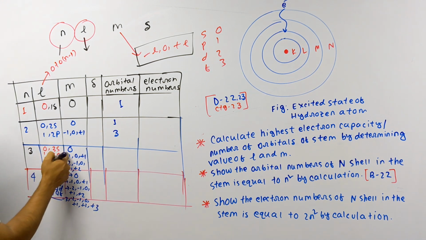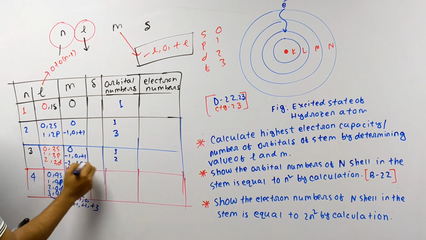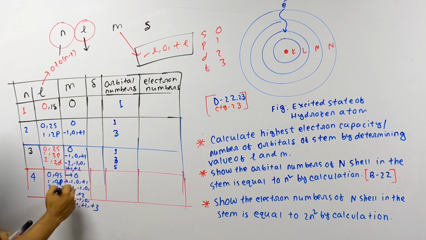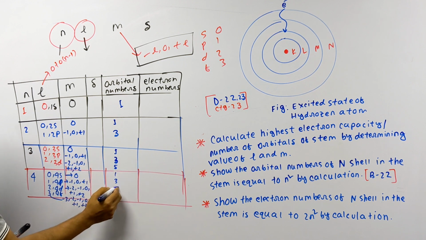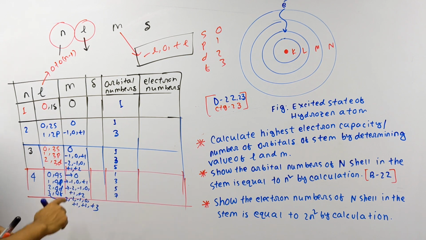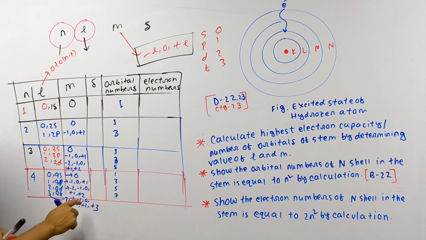So there are 1 s orbital, 3 p orbitals, 5 d orbitals and 7 f orbitals, that is 1, 3, 5, 7.